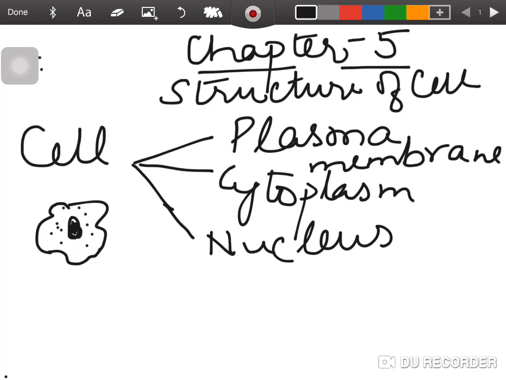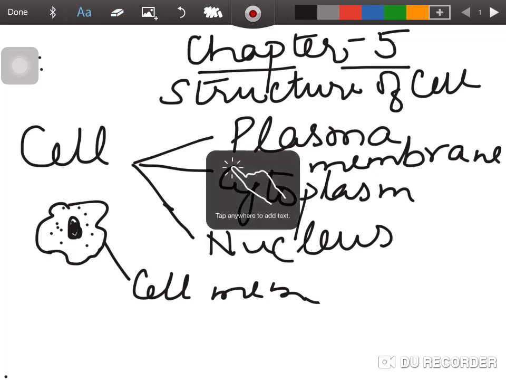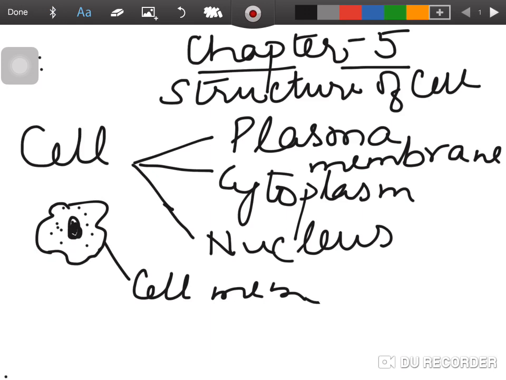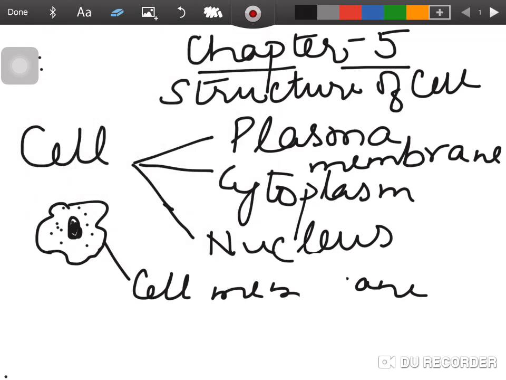So this is the cell membrane. We call this a cell membrane.